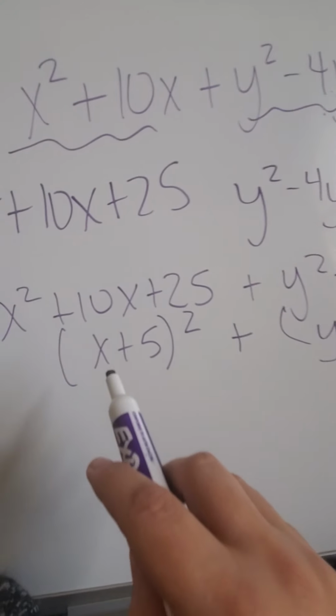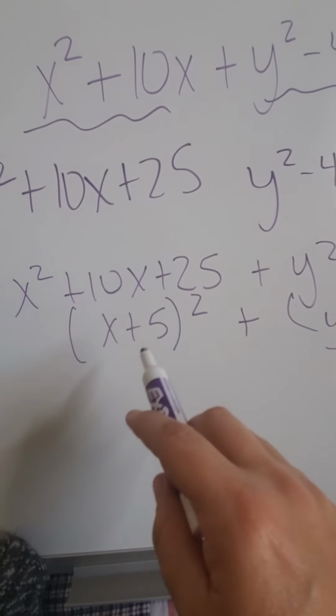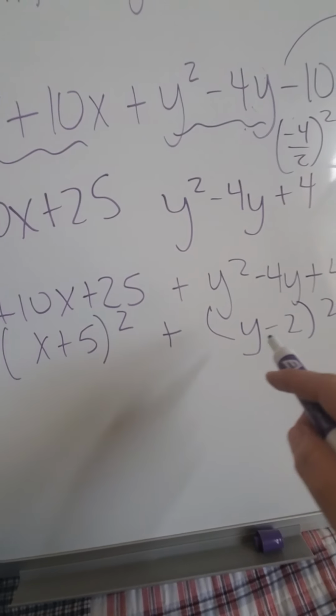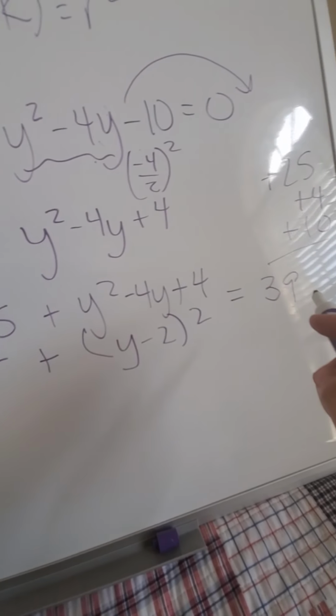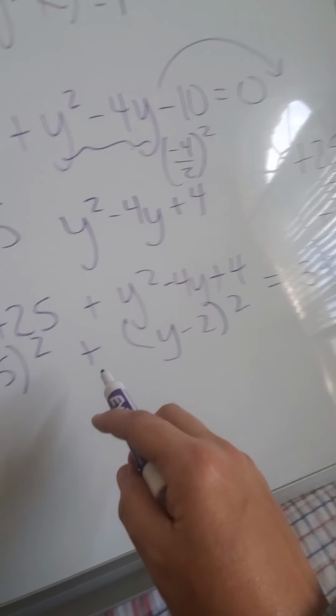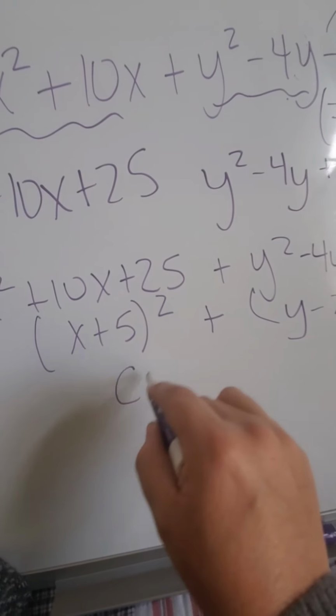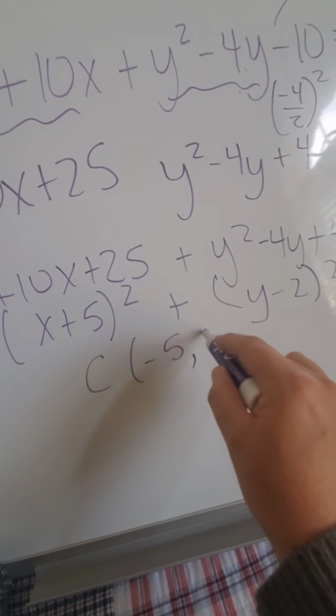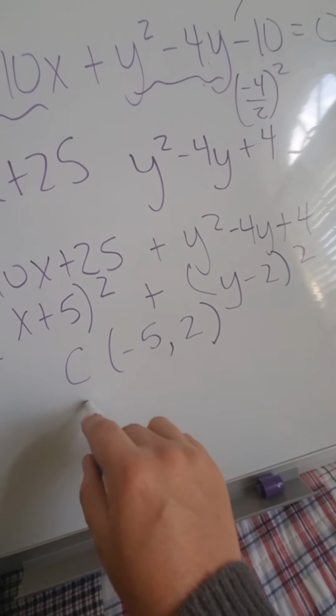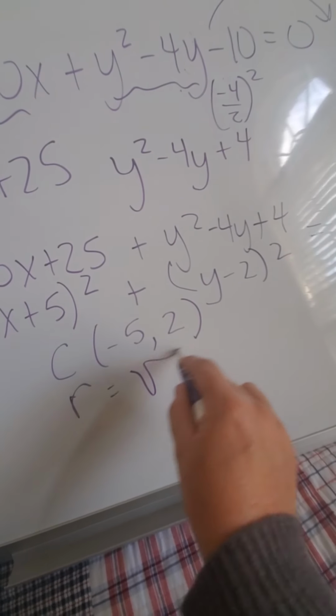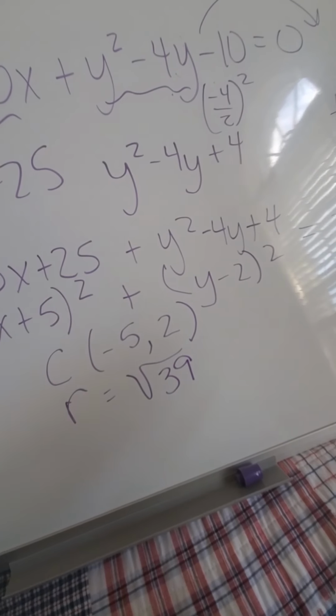Now see how it looks? (x plus 5) squared plus (y minus 2) squared equals 39. So now I know my center is (negative 5, 2), and my radius is the square root of 39.